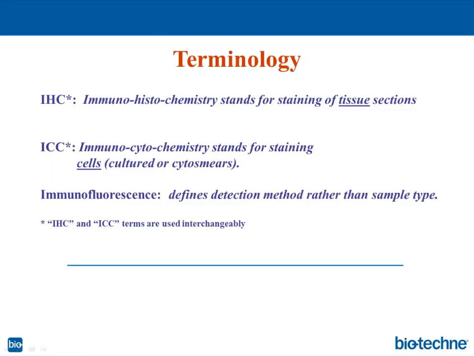Before we go into the depth of this discussion, we need to refresh our memory on terminology. IHC stands for immunohistochemistry, and it's the term we use when we want to emphasize that we're staining tissue sections. Whereas immunocytochemistry, or ICC, we use when we're trying to emphasize that we're staining cells, such as cytospins or cells in culture which are fixed with fixatives.